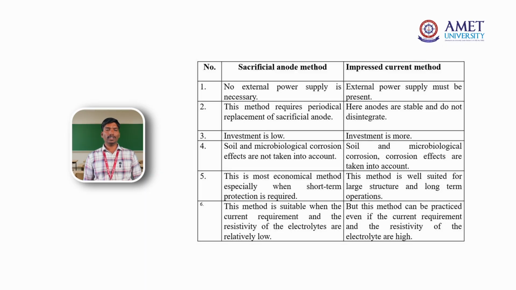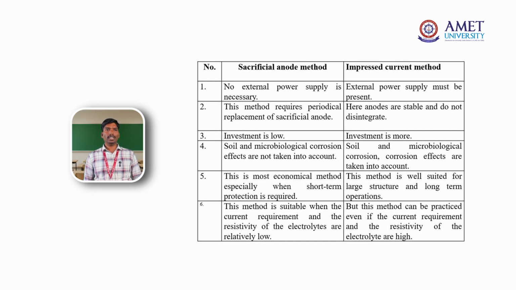Next we move on to the immersed cathodic control method, which is also one of the important methods for controlling corrosion. Now we are going to discuss the difference between the sacrificial anodic corrosion control method and the impressed current control method. The sacrificial anodic method uses an external metal applied to the metal surface, but the impressed current method applies an external current to the metal surface.